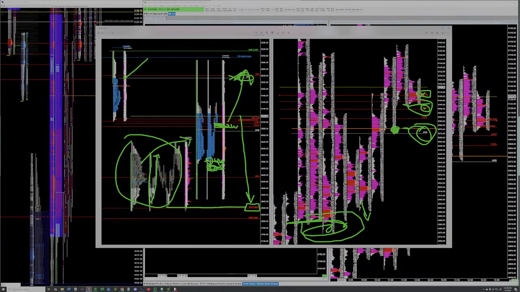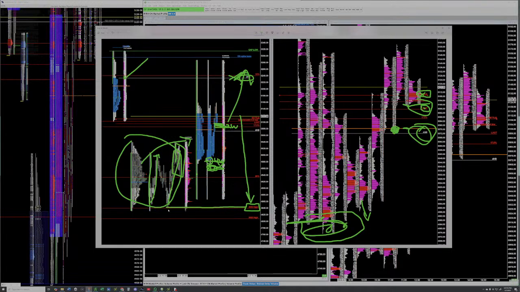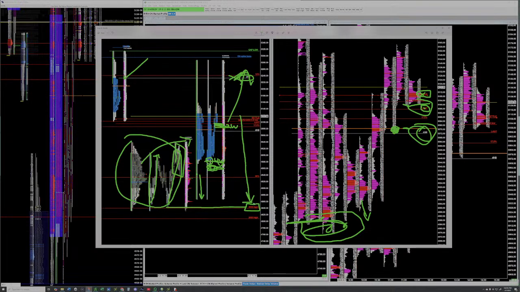What happened afterwards? Short covering. Market getting too long here. And this break here, not being able to take this one and to take this one.